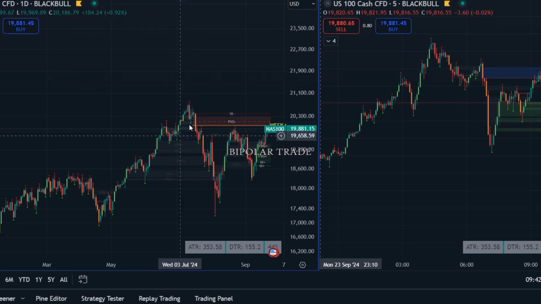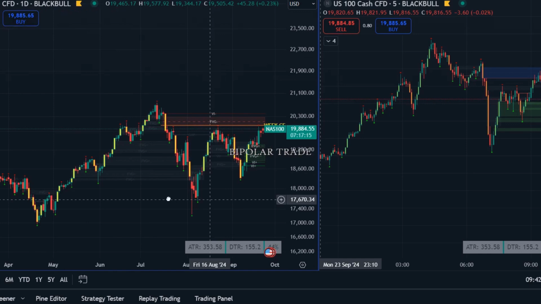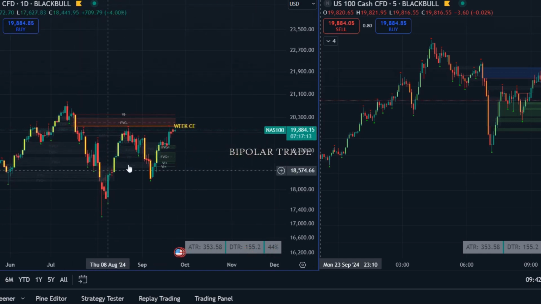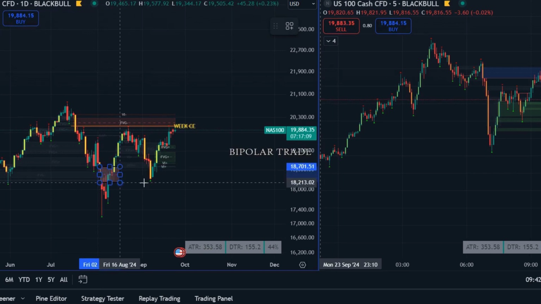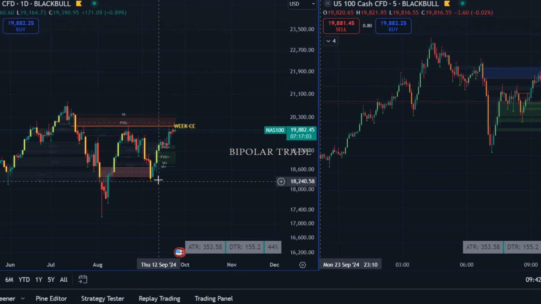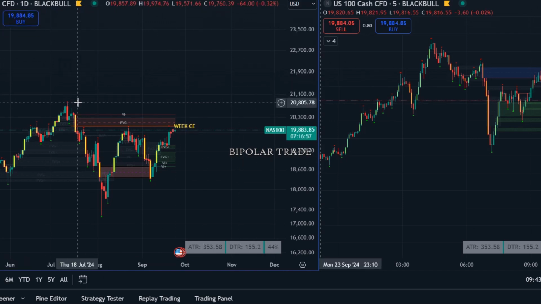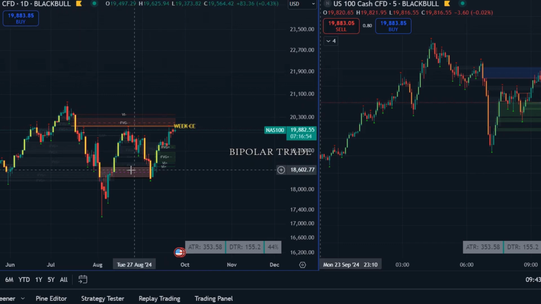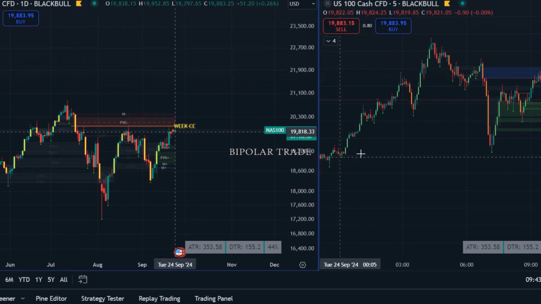You can easily see the top, and it has taken the liquidity here, and there is an inversion fair value gap. So this is an inversion fair value gap. The market then closed below this. So we expect the market to still push higher and take this draw on liquidity, right? So this is my narrative.